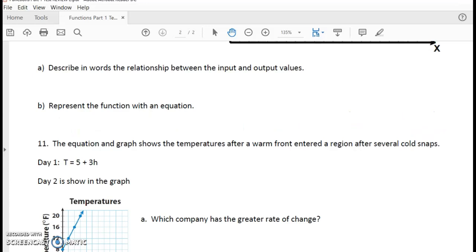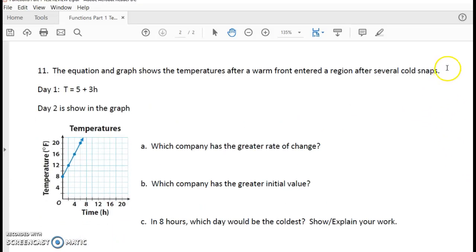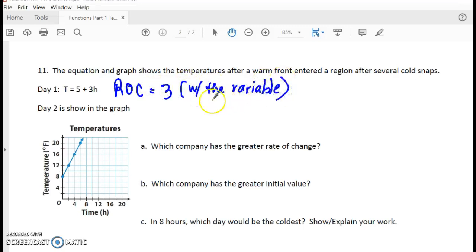Okay, so on the last one, the equation shows the temperature after a warm front entered the region after several cold snaps. So the temperature is equal to 5 plus 3h, and then day 2 is shown in the graph. Which day has a greater rate of change? Well, I know the rate of change for day 1 is 3. It's with the variable. I'm writing, you're writing. And I know that the rate of change for day 2 is change in y over change in x.